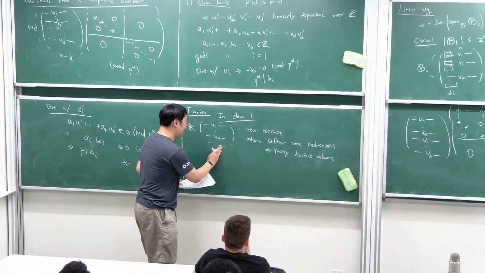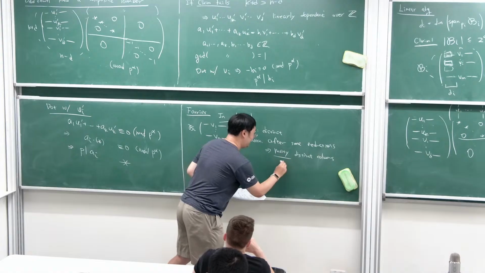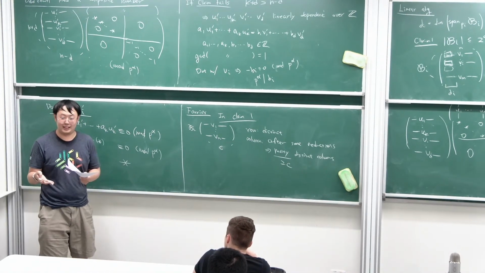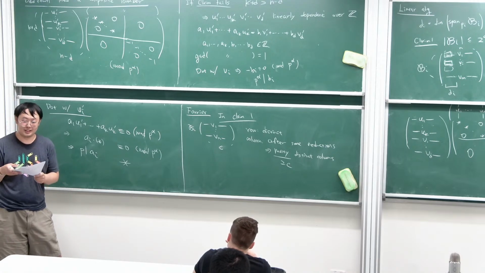Instead of calling this n, I'm going to call this number c, and many means that at least c columns are distinct. You should think of c as a polynomial in n, probably like n to the 0.4.